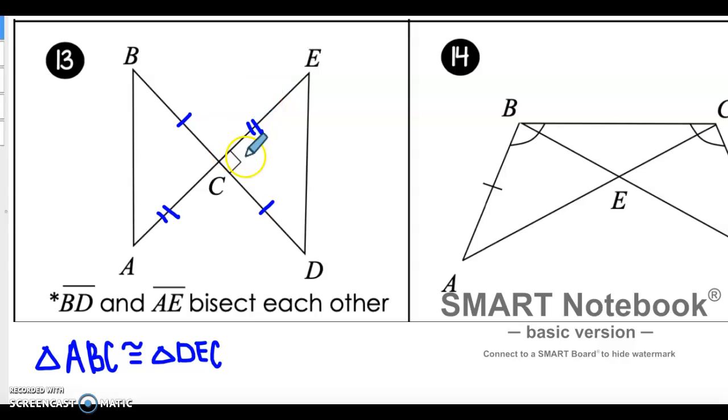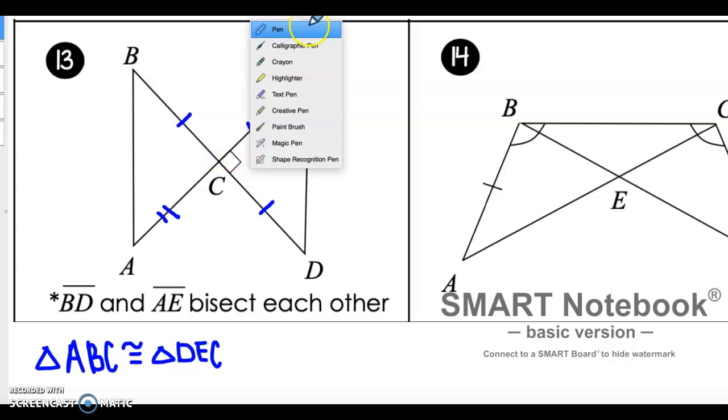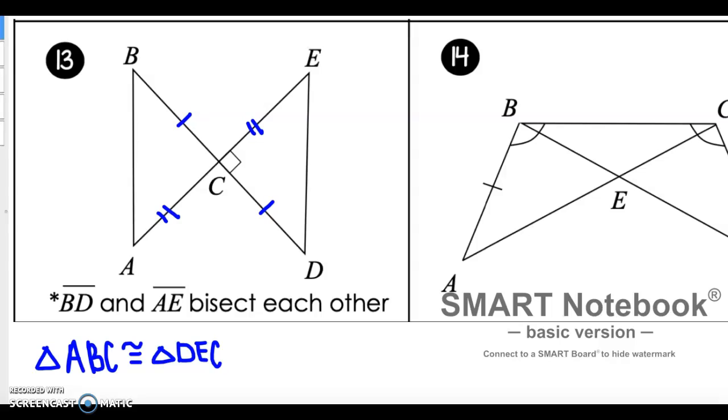Alright, now we want to look at this right angle. I'm going to highlight two angles in blue. These two angles here are vertical angles because they're across from each other. We know that vertical angles are congruent.